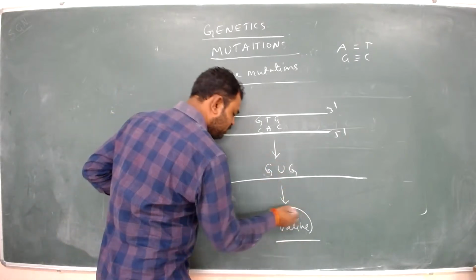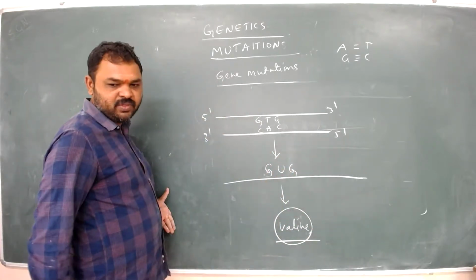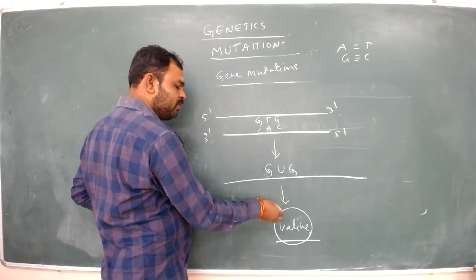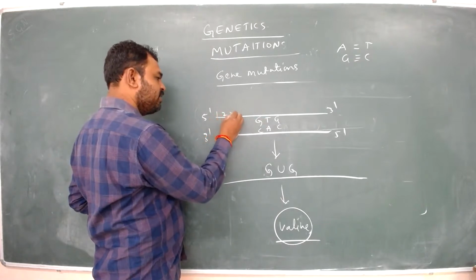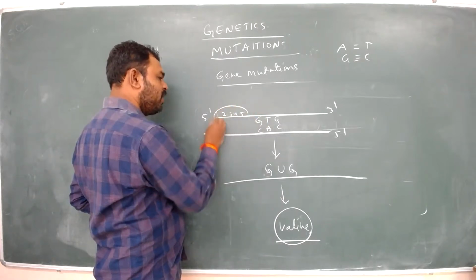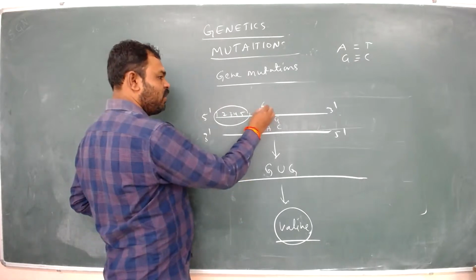But GUG is responsible for which amino acid? Valine. Normally, you see, this is the sixth codon. First, second, third, fourth, fifth, 5 codons completed. This is the sixth codon.